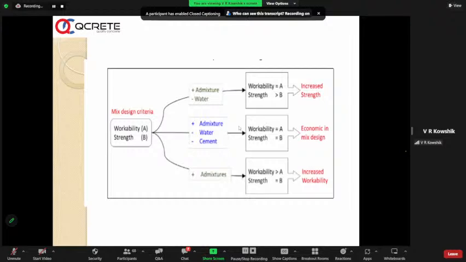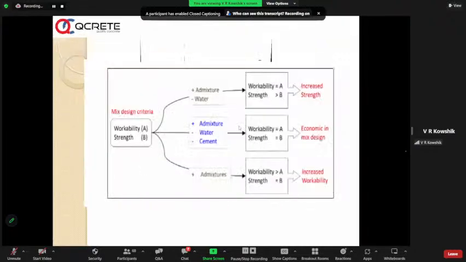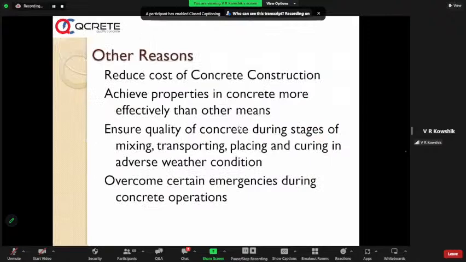When we are shifting from one admixture to another, it has also facilitated usage of different materials, like fly ash and GGBS, and manufactured sand instead of natural sand.